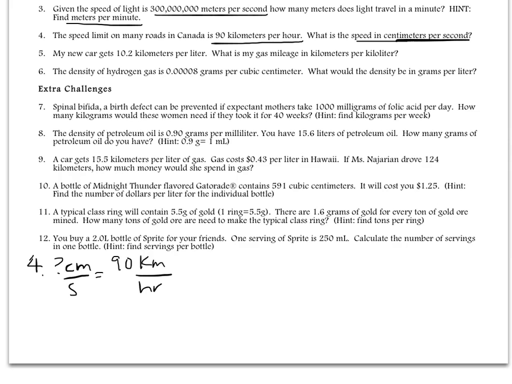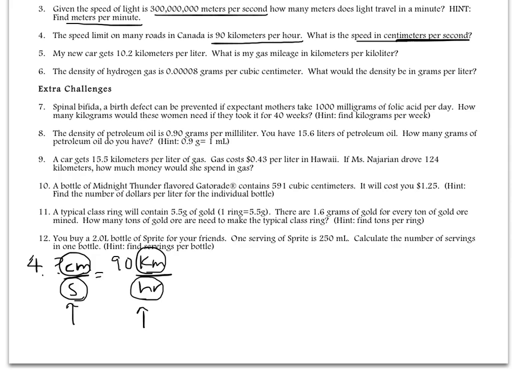So on these top and bottom units, again, you always want to compare what you're starting with to what you're ending with. And here, unlike the previous two problems, we're actually changing both the numerator, it needs to go from kilometers to centimeters, and the denominator, it needs to go from hours to seconds.